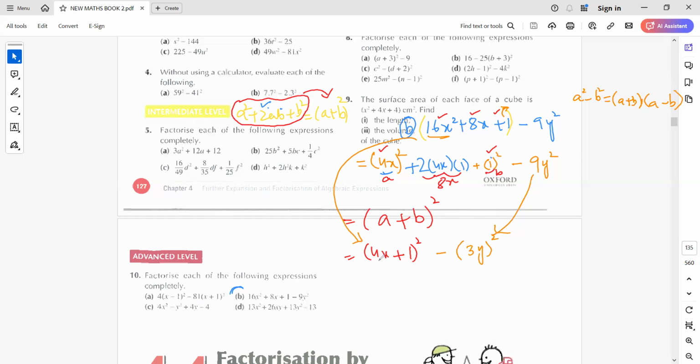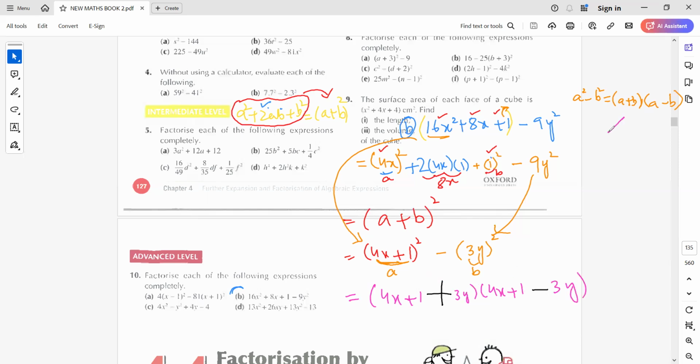In this case, a, the first term, is completely 4x plus 1, and the second term is 3y, which is represented by b. So now I can write it down as 4x plus 1 plus 3y, and then 4x plus 1 minus 3y.